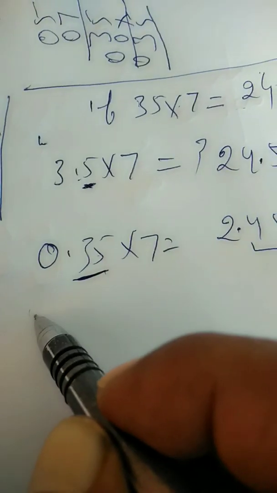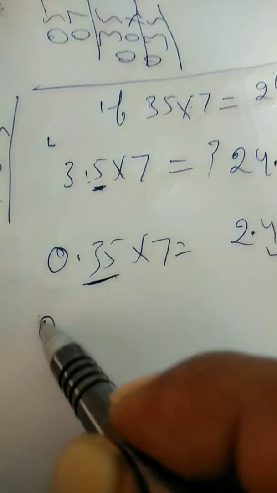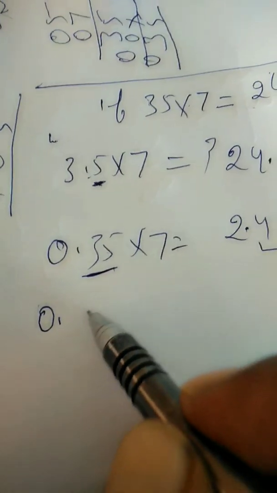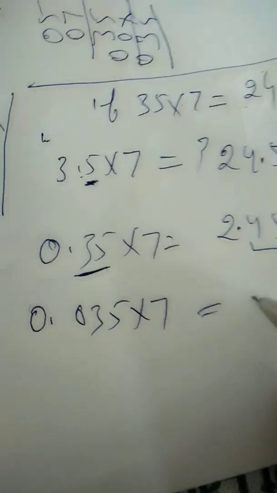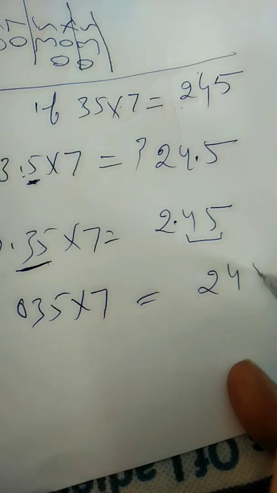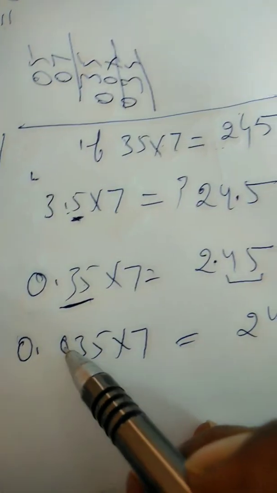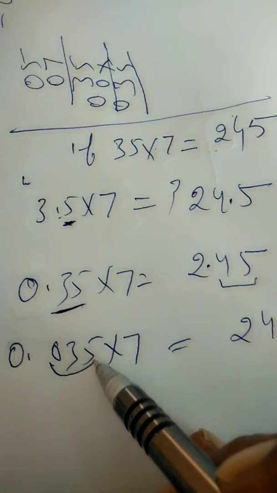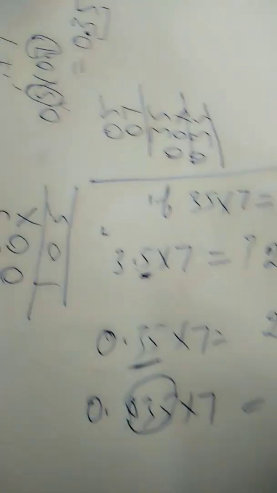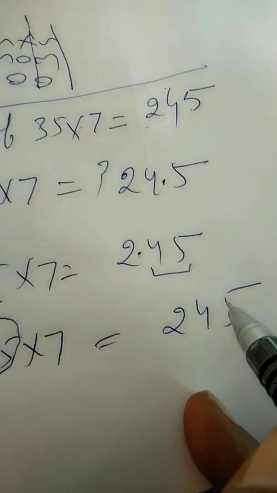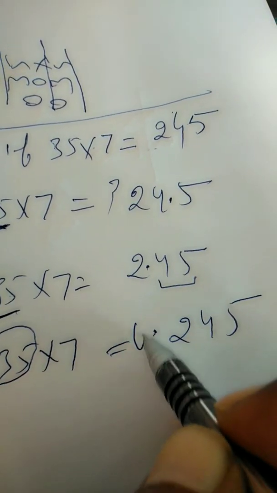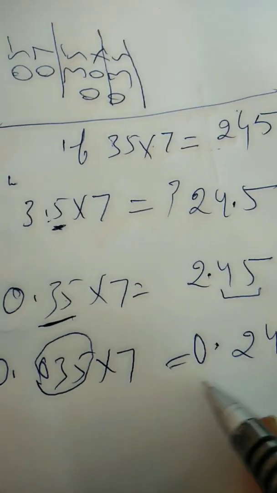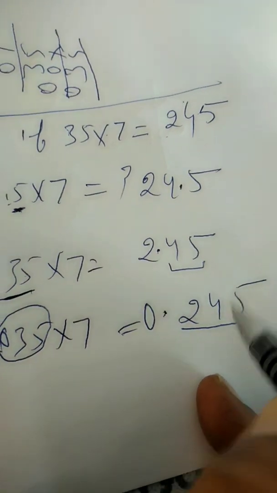Now if you multiply 0.035 by 7, what should the answer be? 245 is the same product. Now how many digits after the decimal? 3 digits are there, so in the product there should be 3 digits after the decimal, so your answer will be 0.245. Okay, here 3 digits.